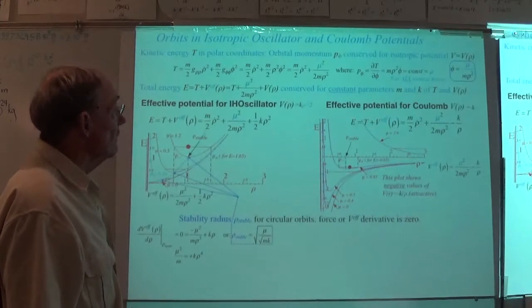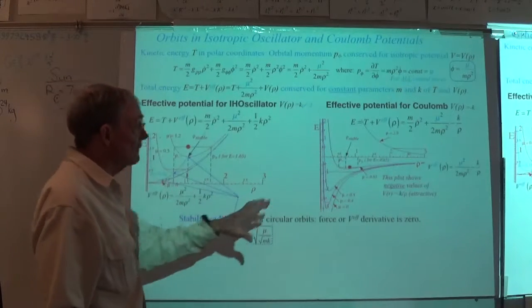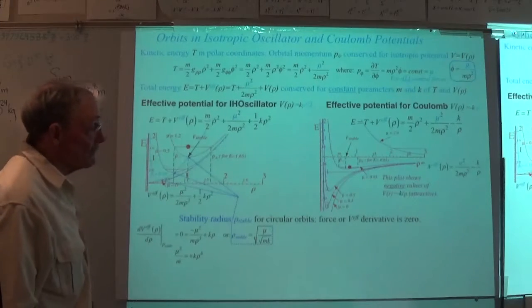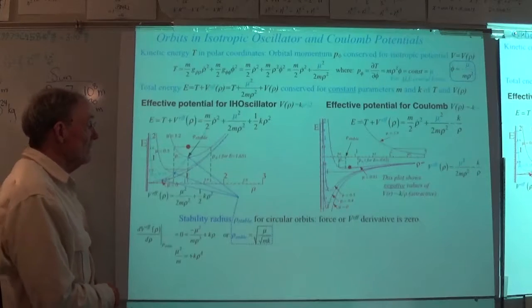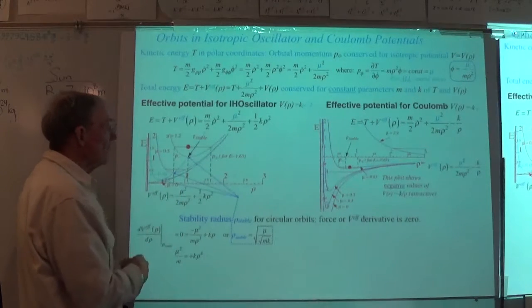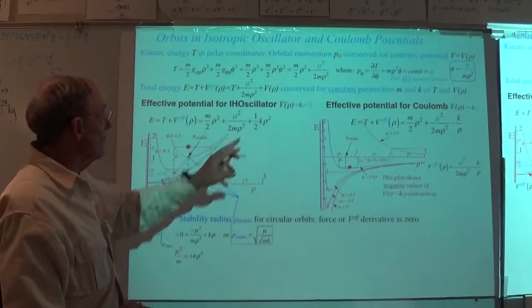Okay, so here they are sitting side by side. Good old oscillator, good old Coulomb. And one of the things that you look for first in these effective potentials is a place to sit, bottoms of a curve, depending on what parameter values you have.